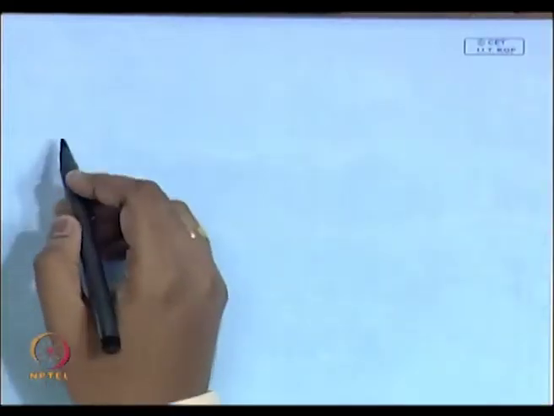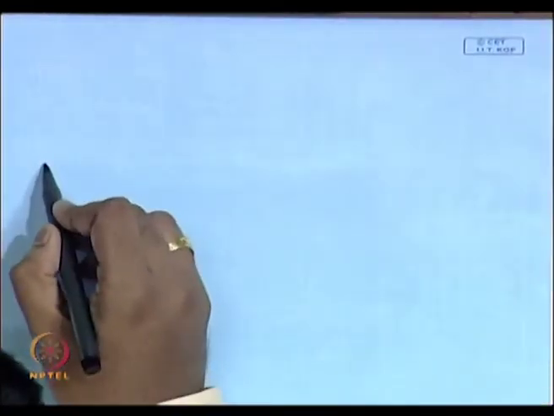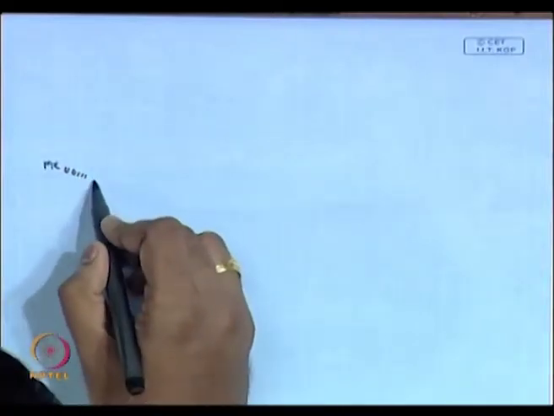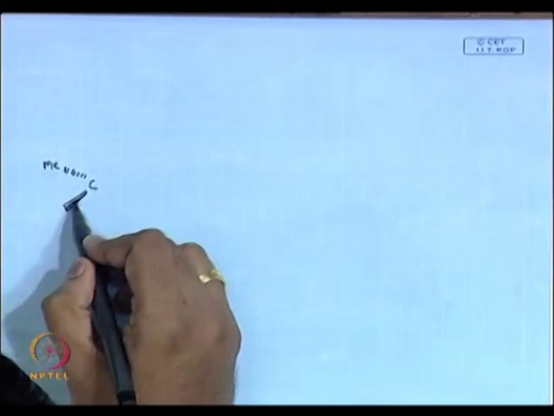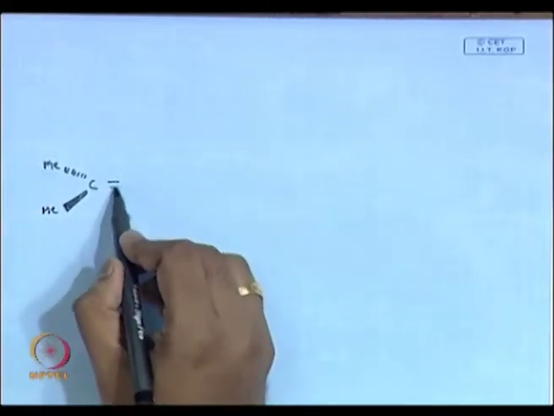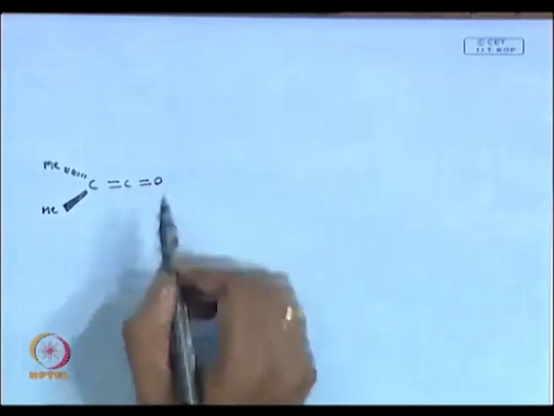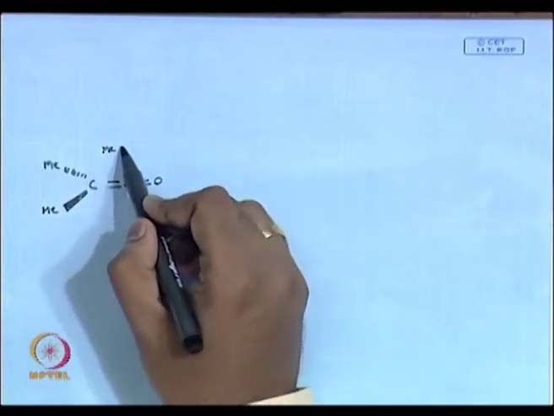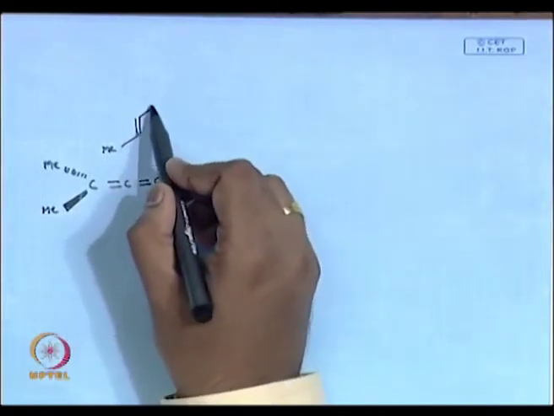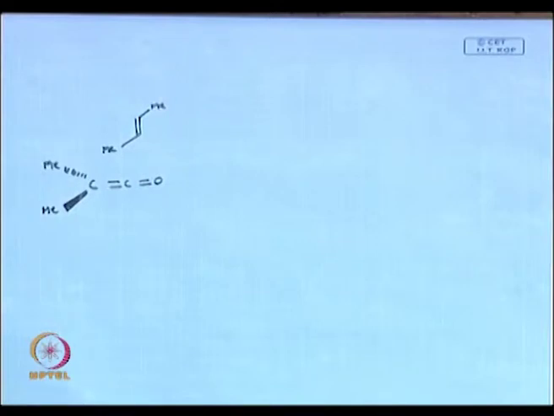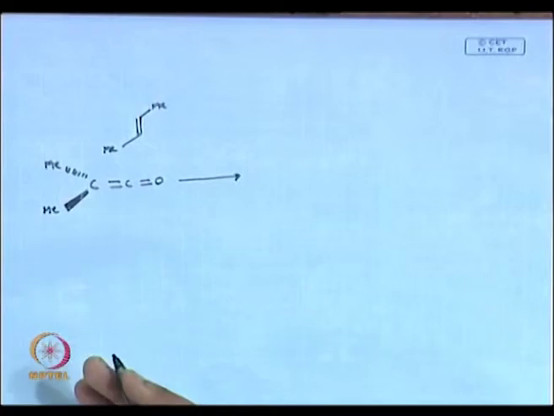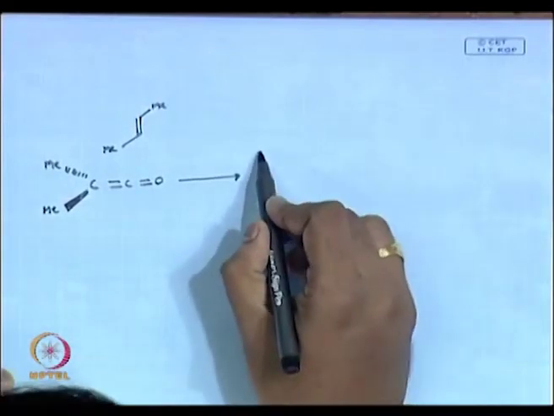So, what happens exactly then? If I take my ketene, my methyl system, and I have my E olefin, how can they interact? Because we studied the way it interacts in ketene.